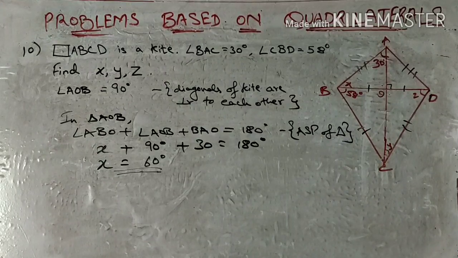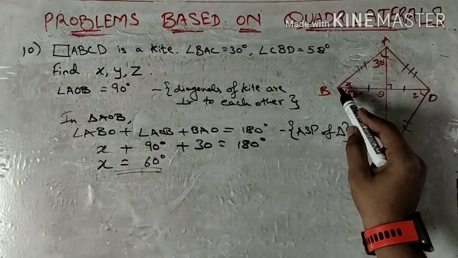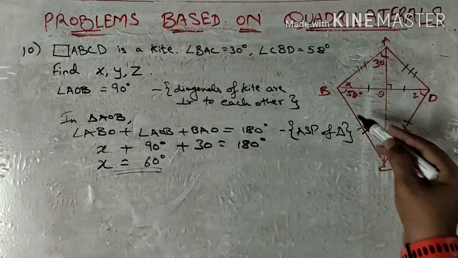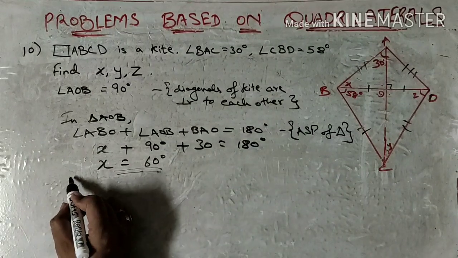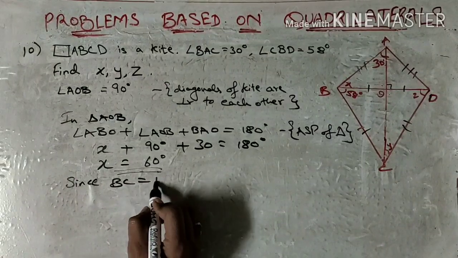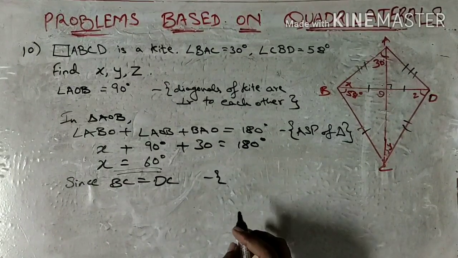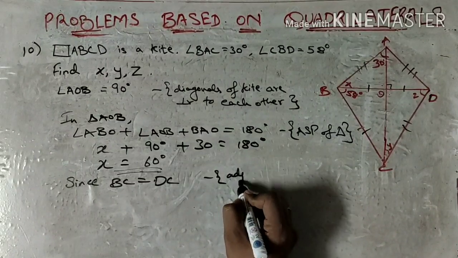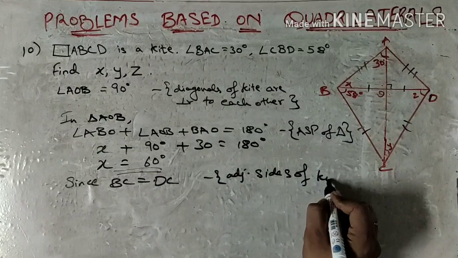So with that, I can find angle Z, the opposite angles of the isosceles triangle. Since BC is equal to DC, why? Adjacent sides of a kite.